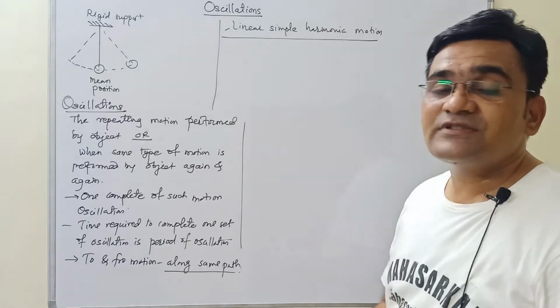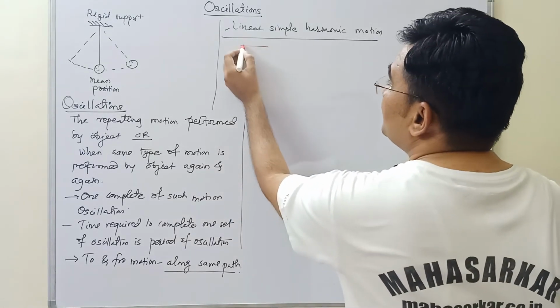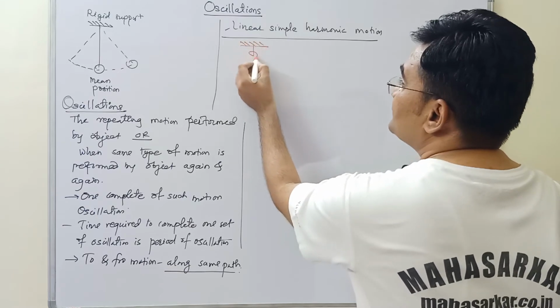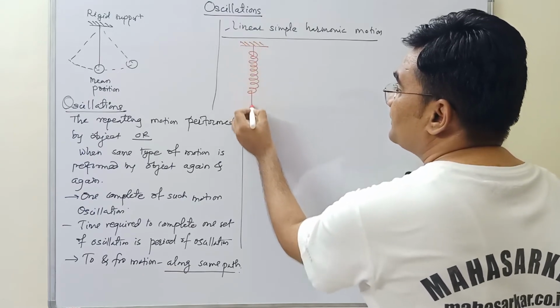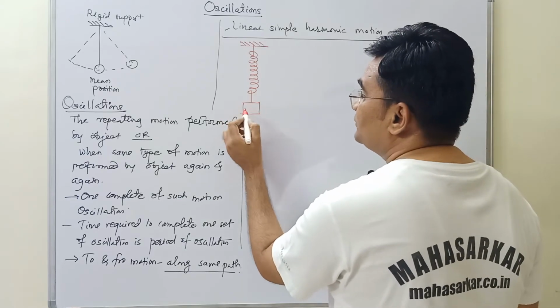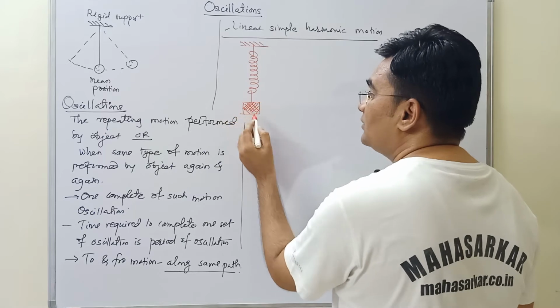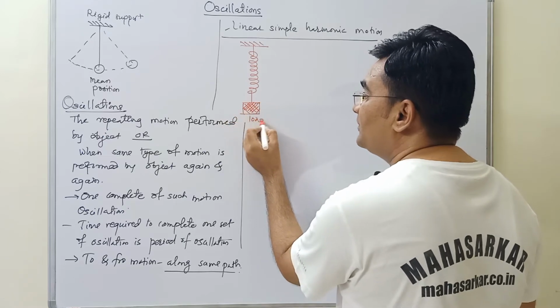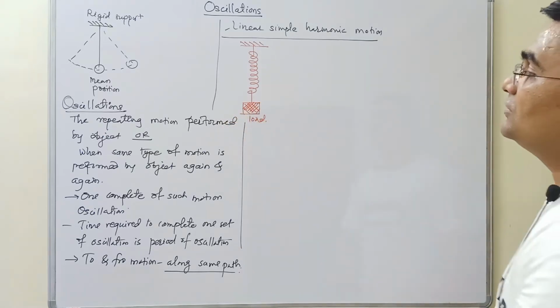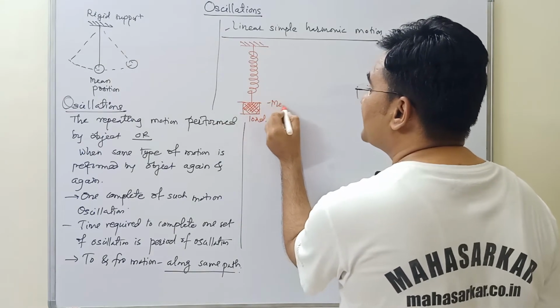To understand this, let's consider one basic example. Suppose there is a spring suspended from a rigid support, and this spring is connected to a pan in which some load can be added. Before connecting the pan, say this is the mean position of the spring.